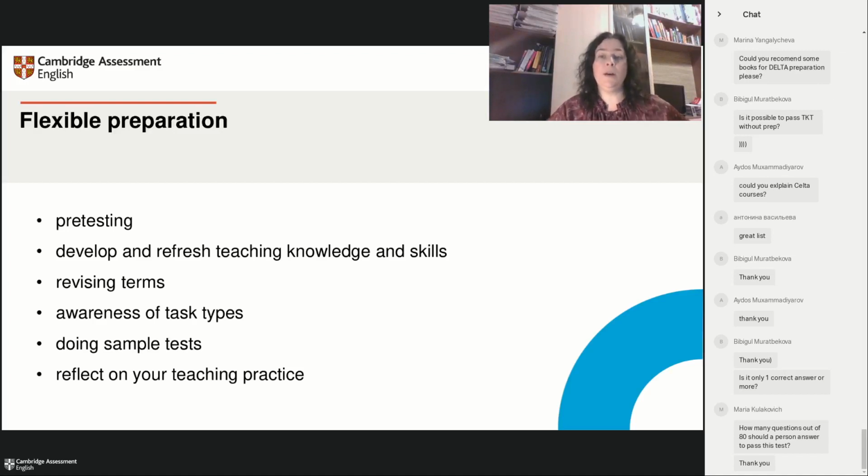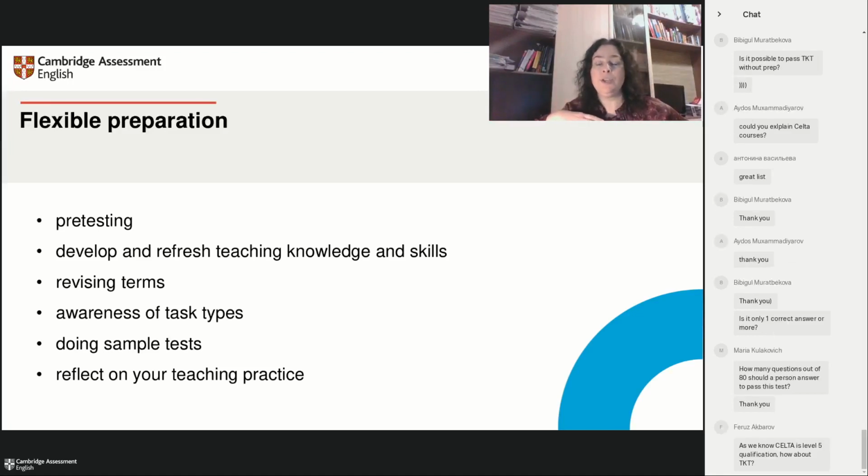But if you want to be thorough in your preparation and professional development, maybe we can recommend some pre-testing: doing a sample test before the real experience. Then brush up on the terms, consider your skills and the different examples mentioned in the sample paper, comparing them to your teaching experience, whether it makes sense.